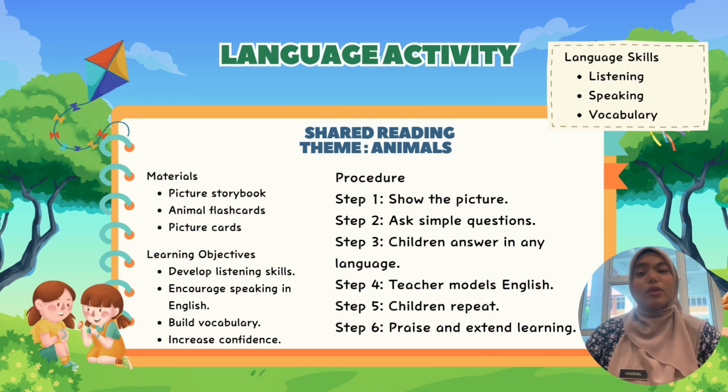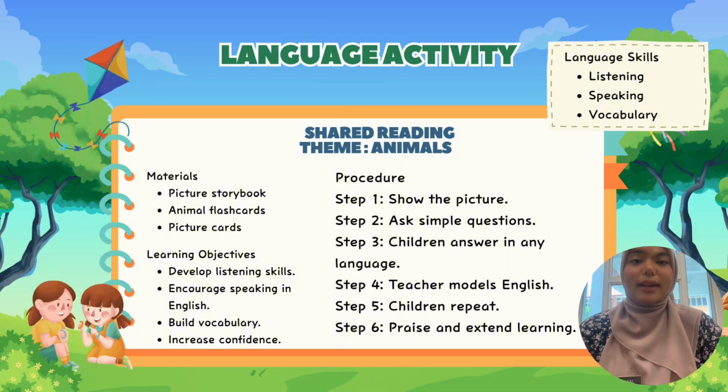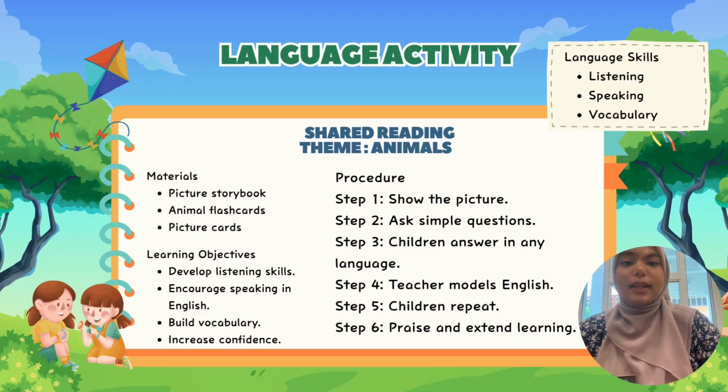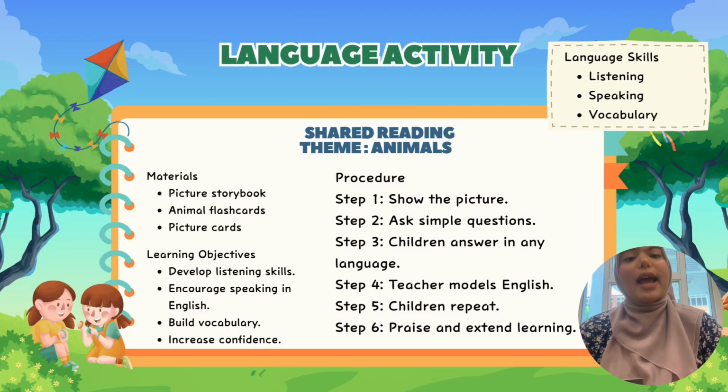Positive reinforcement encourages children to participate confidently. So this activity develops children's listening and speaking skills, expands their English vocabulary, and improves pronunciation, and most importantly, it builds confidence and creates a supportive environment where children enjoy learning English without fear of making mistakes.